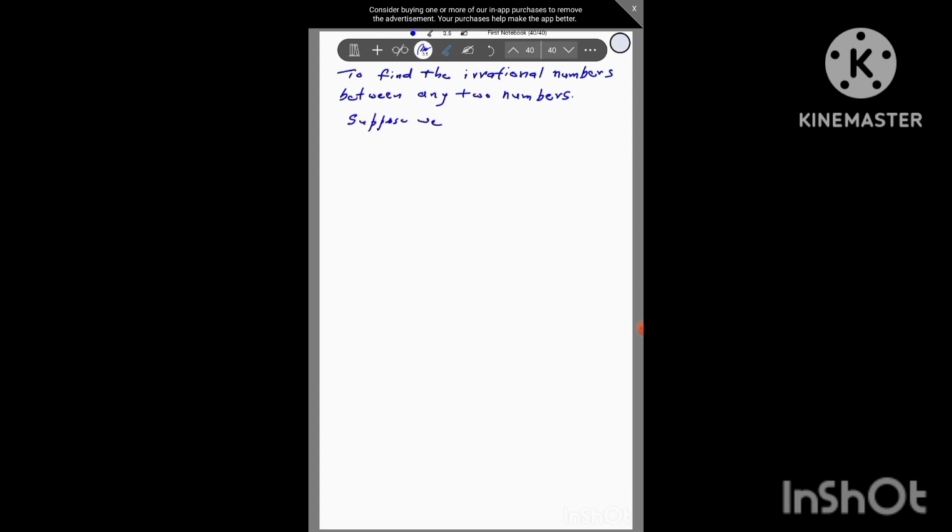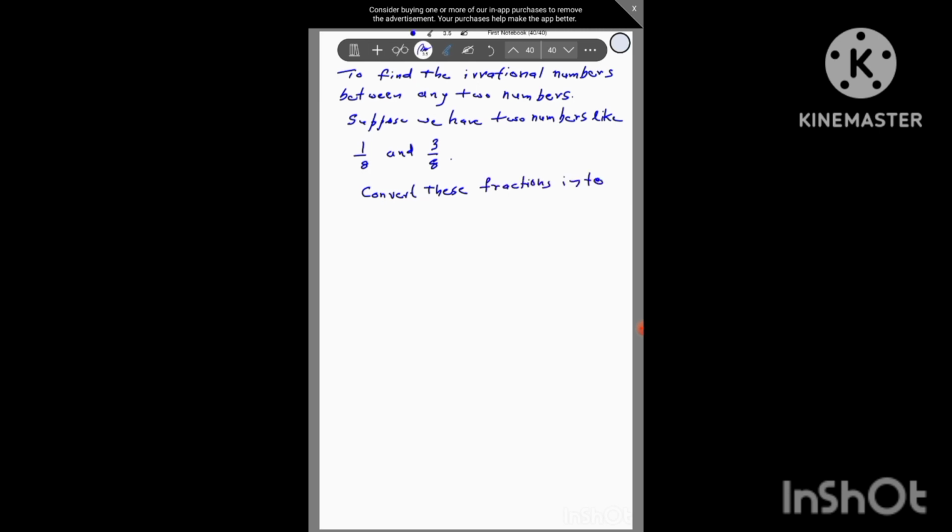Suppose we have these two numbers, taken at random. It is a very simple method. You only need to know what irrational numbers are. I have explained it in the previous videos.